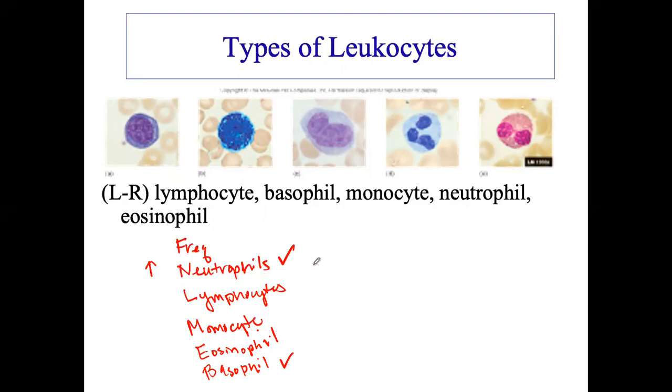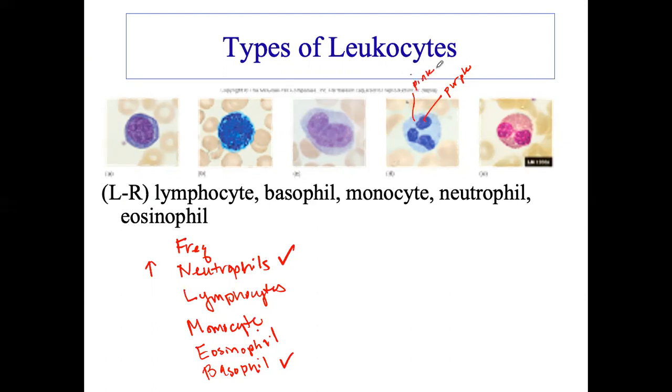Okay, so let's look at the description of these guys. So neutrophils, they're either going to have a banded nucleus if they're immature, or a segmented nucleus like you see here if they're mature. They're going to be a little bit larger than the red blood cells. Typically, the nucleus is like a purplish color, and the cytoplasm is going to be a pinkish red.